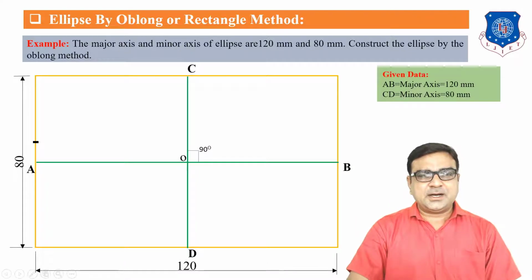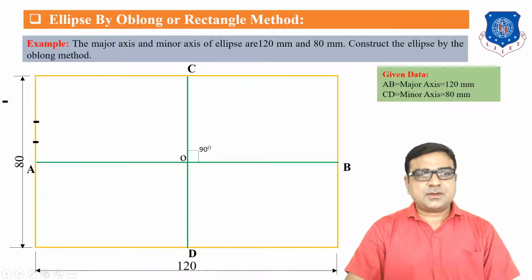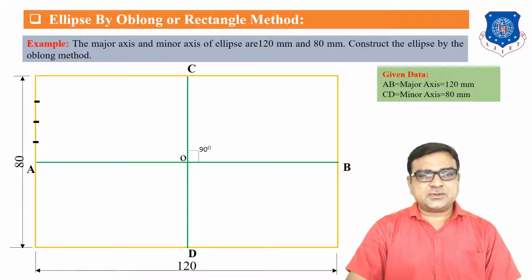Now divide this line into any n number of equal parts. Here I divide this line into 4 equal parts, numbered 0, 1, 2, 3 and 4.